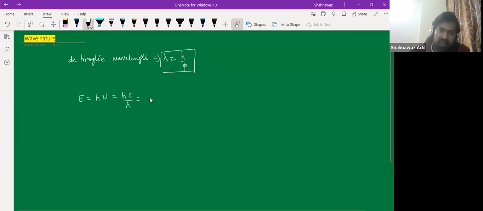And this lambda we can again write in terms of p, h by p, so this would be pc for photons, or light.